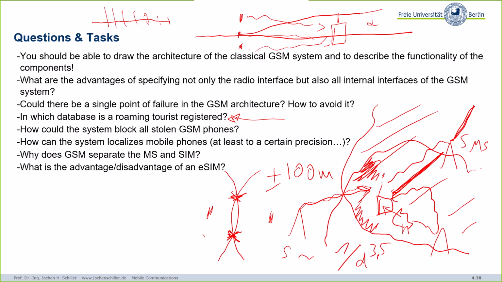But there was another question: how can I see my friends exactly moving if they share the location in the chats and whatever? And so the point is exactly the answer is already there. The localization is not done by the GSM system in this case, but the devices reveal their position to a provider. For example, they reveal the position to a company like Apple or Google or whatever.